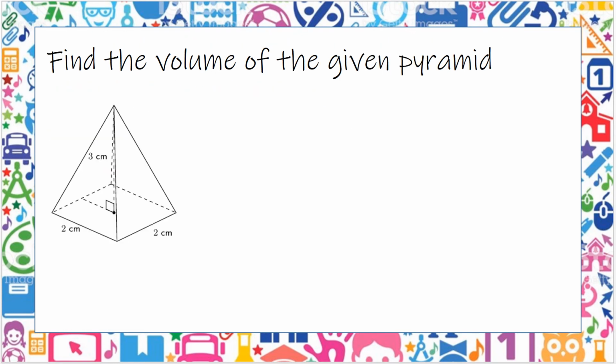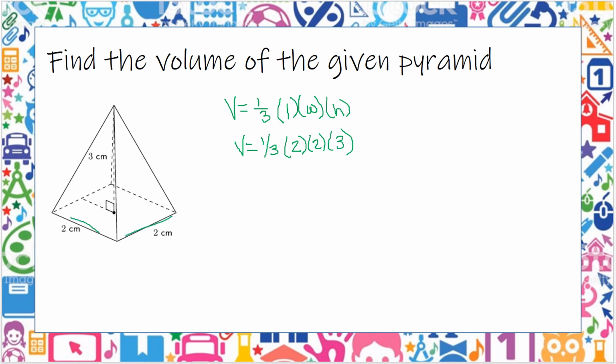Find the volume of the given pyramid. So this is a square pyramid. So all we have to do is say volume equals 1/3, because anytime you find the volume of a pyramid or a cone, you multiply by 1/3 times length times width times height.